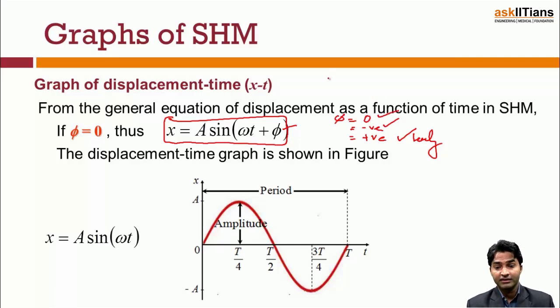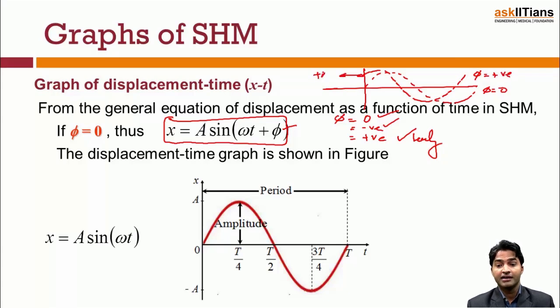We can draft 3 conditions for this. If it is at the mean position, we can say it is this one, where phi is equal to 0. For the second part, if it is leading, we can say the dotted part, when phi is positive. So we can say phi for this is equal to sine inverse of a constant value.